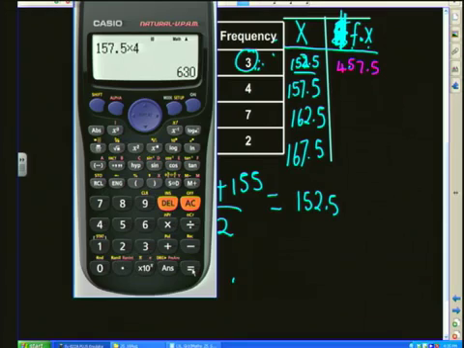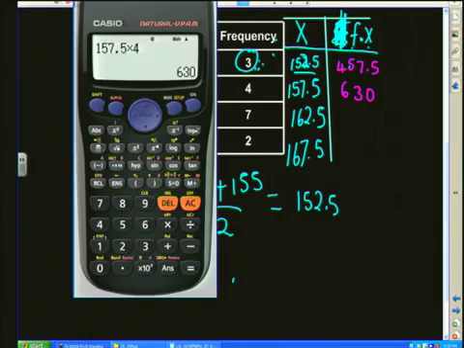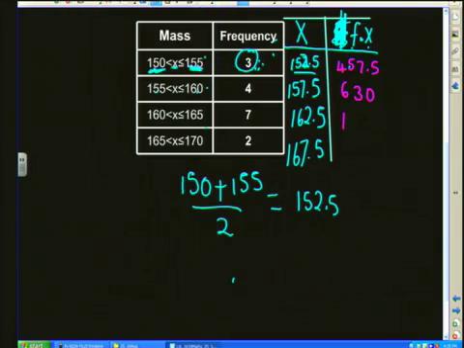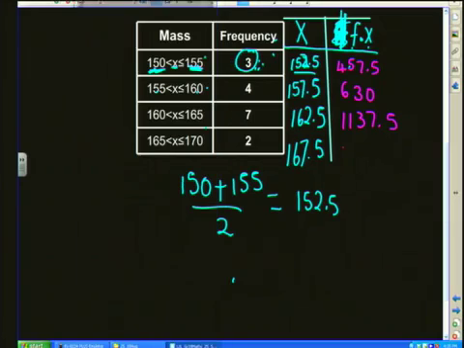And that gives us 630. Okay, and then we've got 162.5 times 7, which gives us 1,137.5. And lastly, 167.5 times 2. So 335.